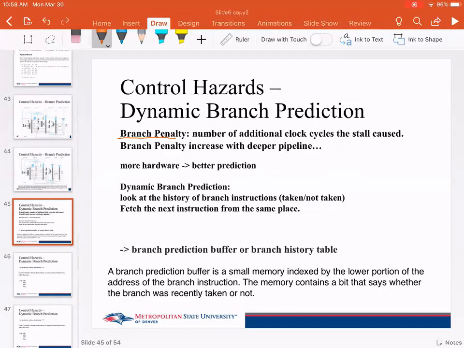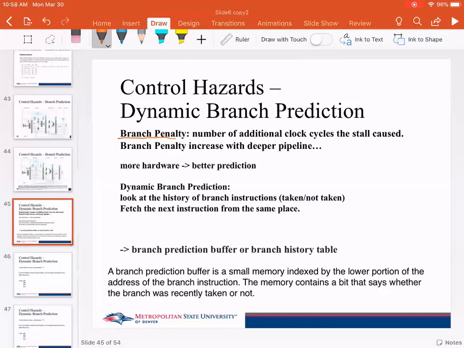So there are basically two things related to the pipeline's efficiency in handling control hazards, or branching hazards. One part is how good your prediction is, that is, the accuracy of the prediction.